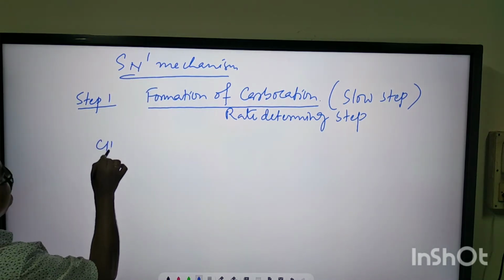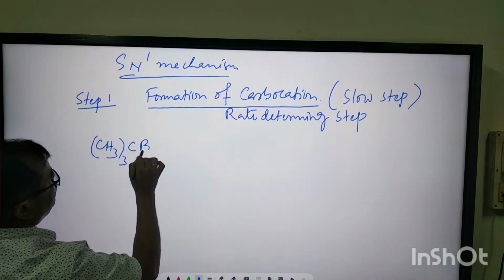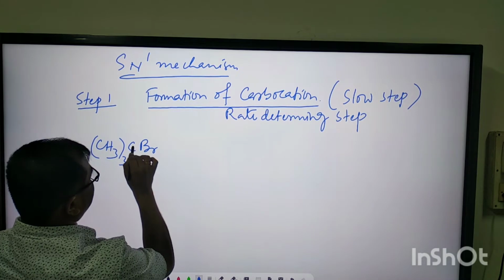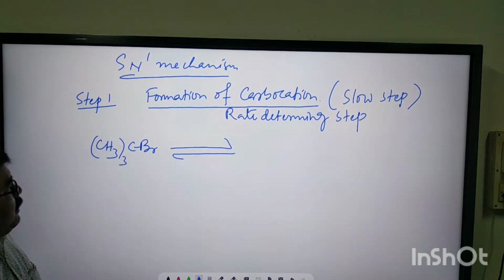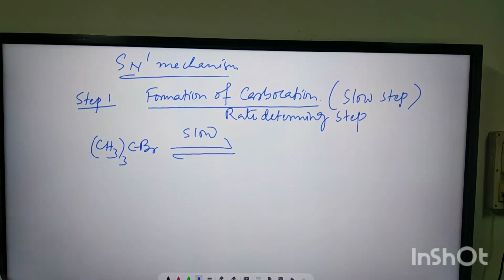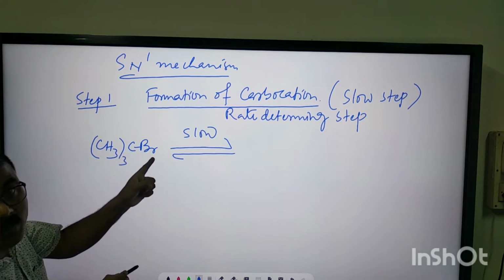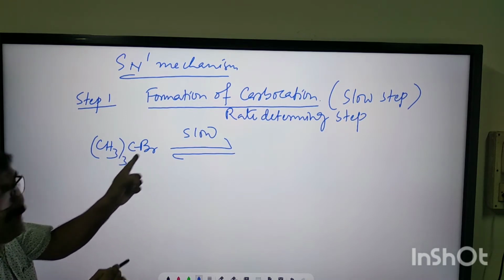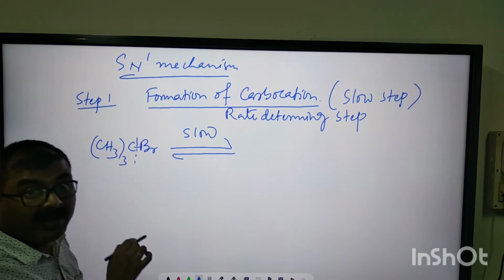So how to write it? Tertiary butyl bromide. See here the tertiary butyl bromide, in this case the carbon halogen bond, C-Br here, undergoes heterolytic cleavage.